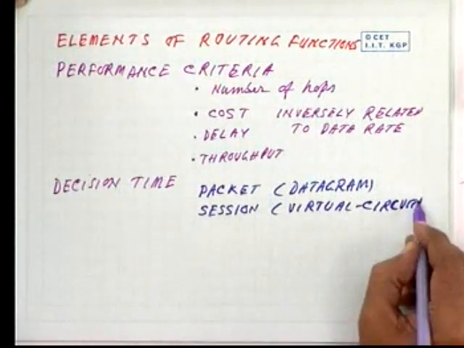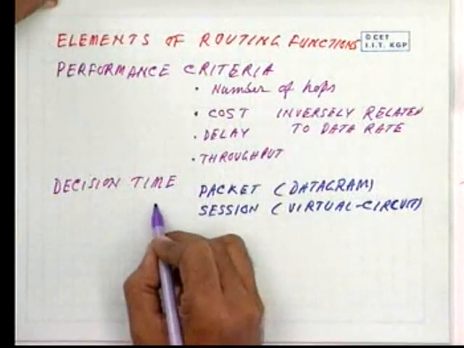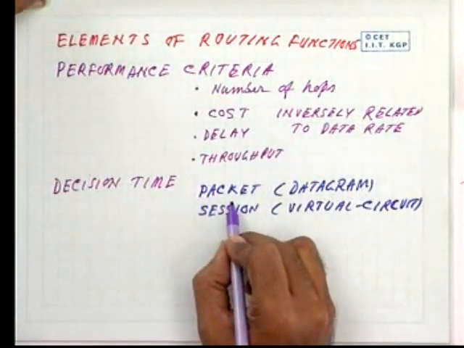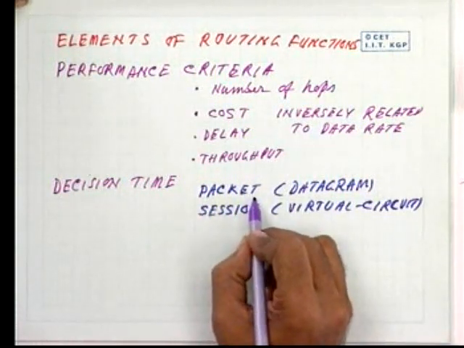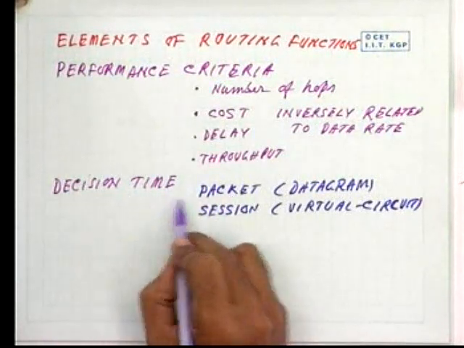In the beginning of the session, you establish a virtual circuit, and once the virtual circuit is established, as you know, all the packets of that particular message will be sent through the same path. So here the decision time is the beginning of the session. In the first case, the datagram type of service, each packet is independently decided, so the decision time is the packet.